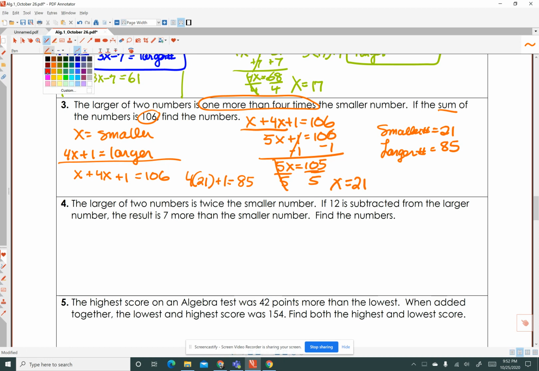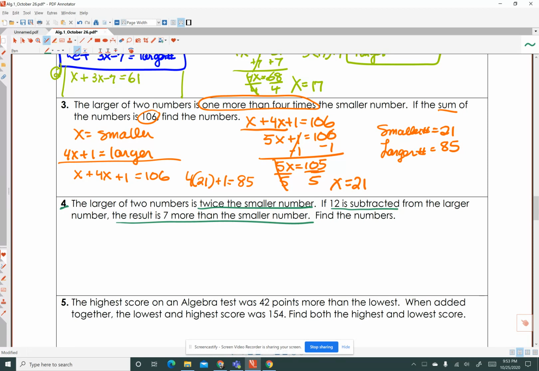Okay, let's try another one of these. Number 4, the larger of two numbers is twice the smaller number. If 12 is subtracted from the larger number, the result is 7 more than the smaller number, and then we're asked to find the numbers.